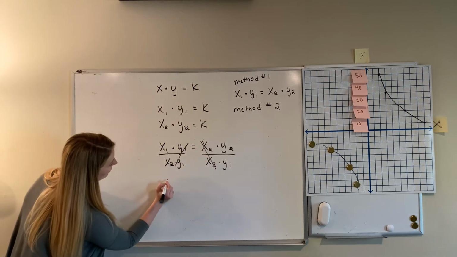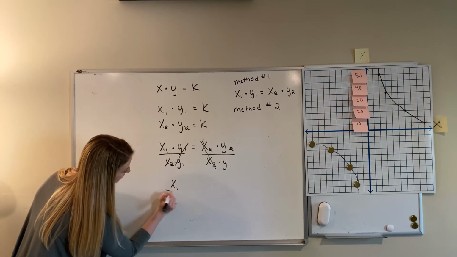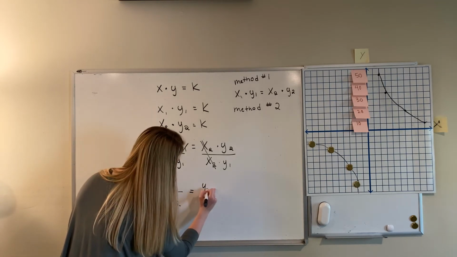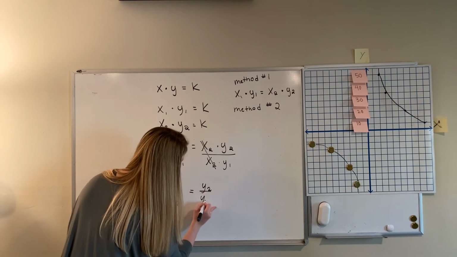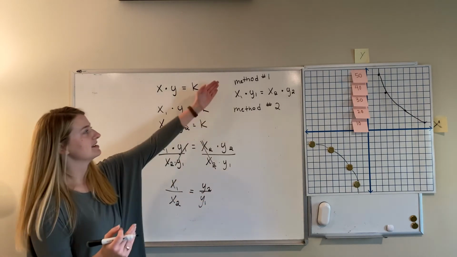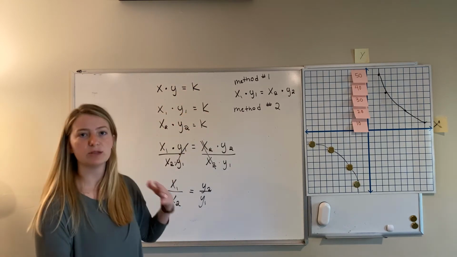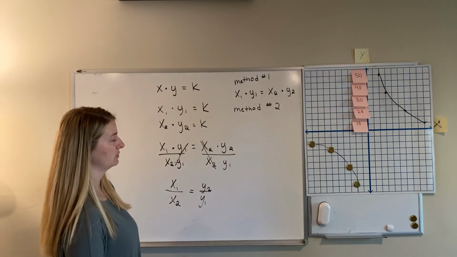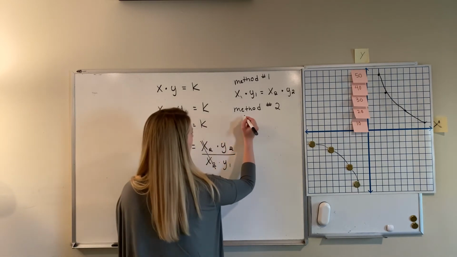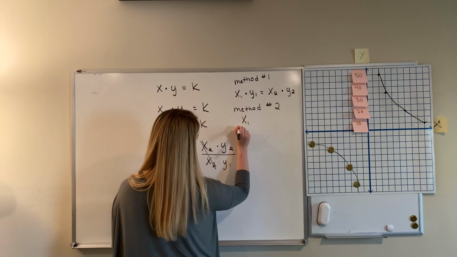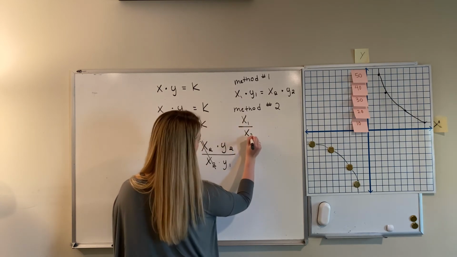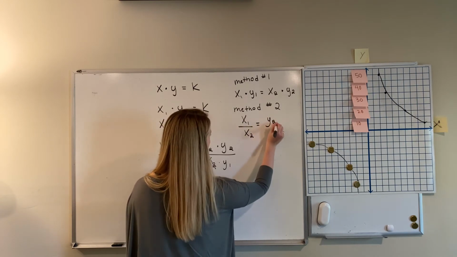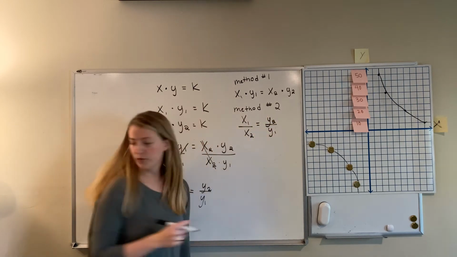And now I have the proportion x1 over x2 is equal to y2 over y1. And this is going to be the exact same mathematically once you plug things in as our first method of x1 times y1 is equal to x2 times y2. So method 2 is to use a proportion. x1 over x2 is equal to y2 over y1.